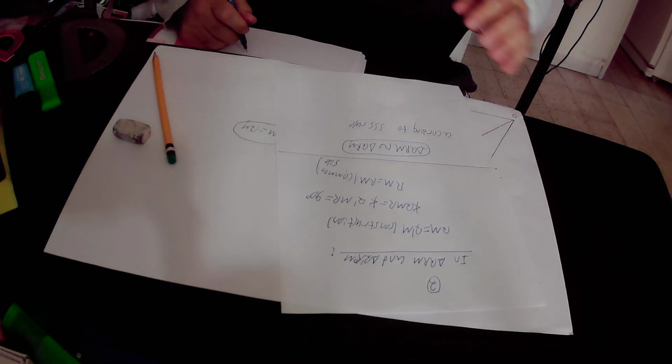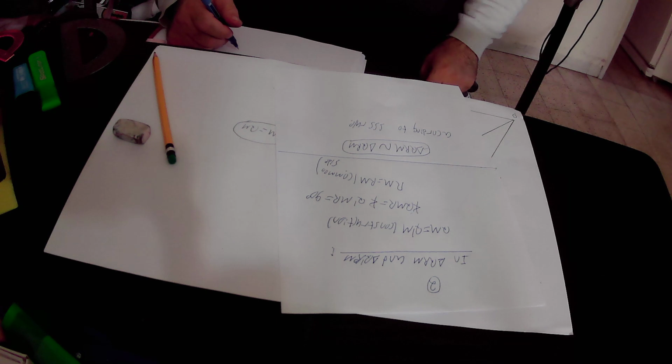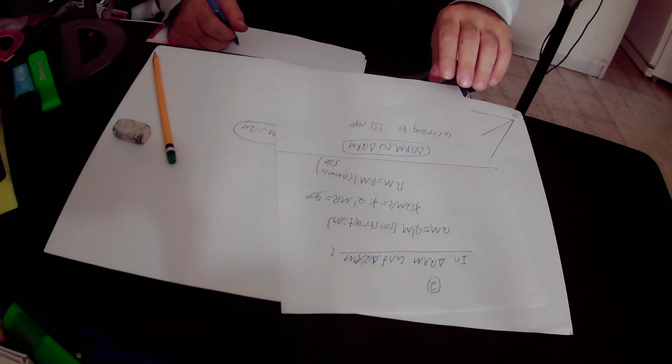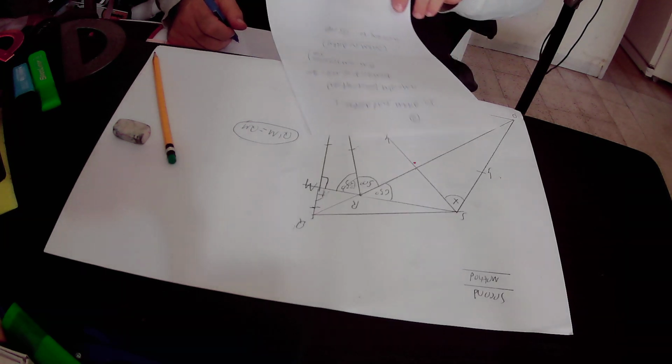Okay, so what is side rule? Side rule states that if you prove that three sides of one triangle correspondingly are equal to three sides of another triangle, then you proved that those two triangles can go into each other according to side rule.